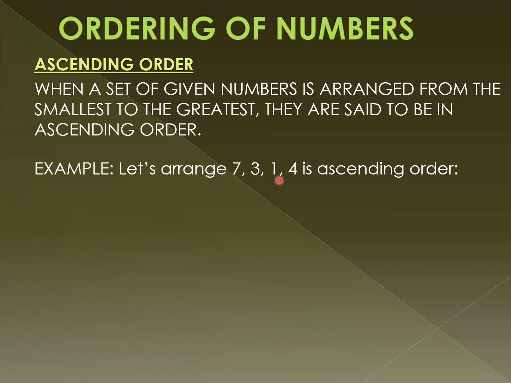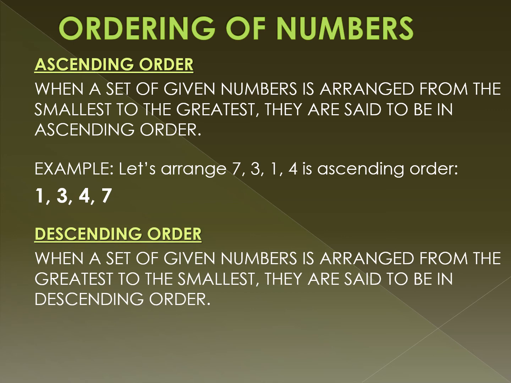Our smallest number is 1, then the next number will be 3 followed by 4 and then our greatest number is 7. So this is how we arrange it in ascending order: 1, 3, 4, 7.